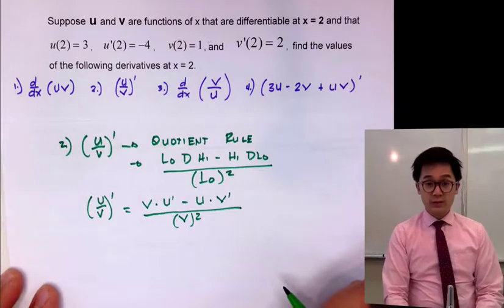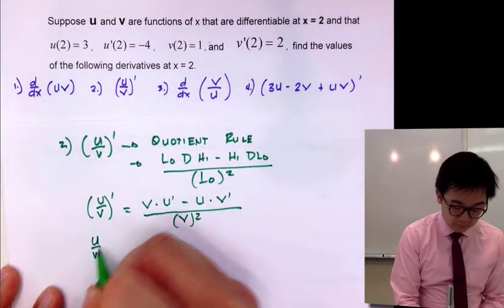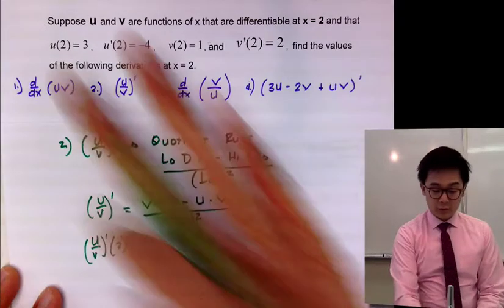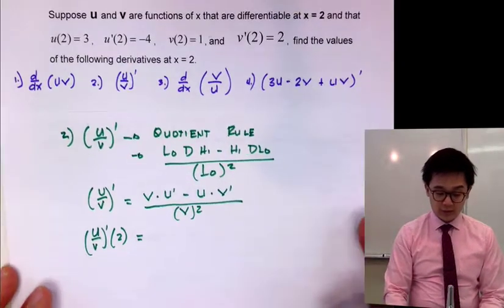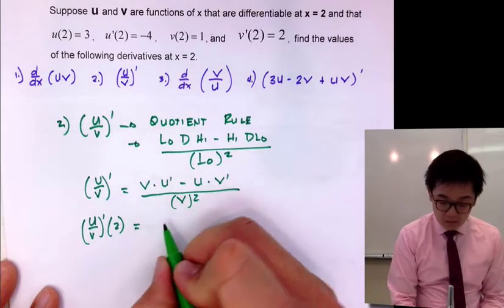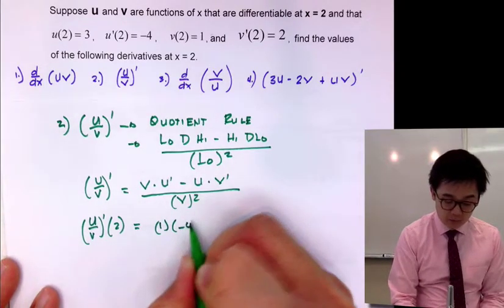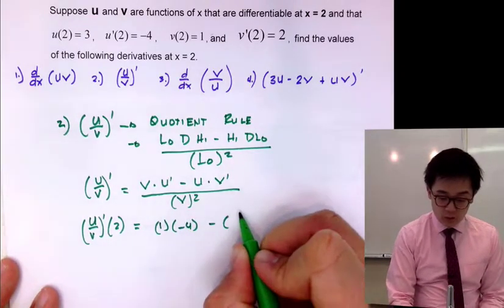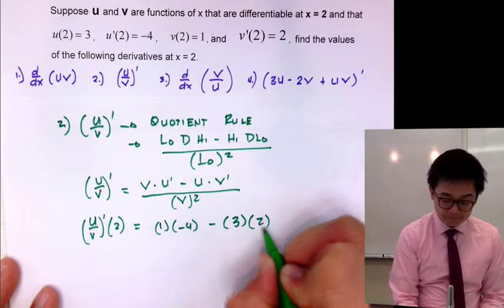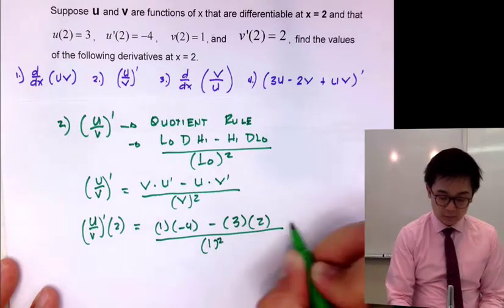So this is the derivative of u over v, but we need to evaluate it in terms of x equal to 2. So using these values over here, we'll be able to complete our work. So v is 1, u prime is -4, minus u, which is 3, and v prime, which is 2, all over v, which is 1, quantity squared.